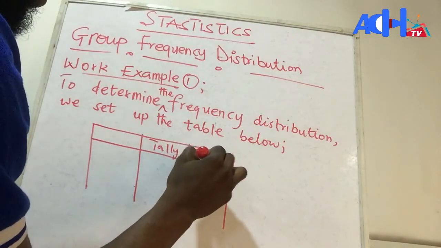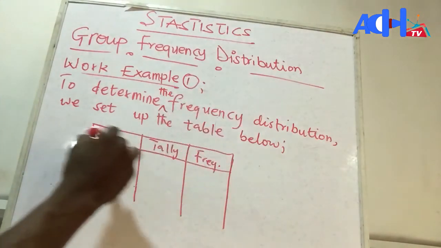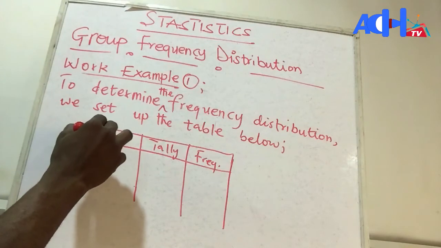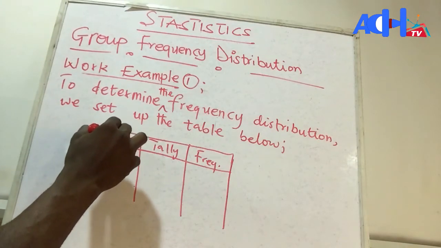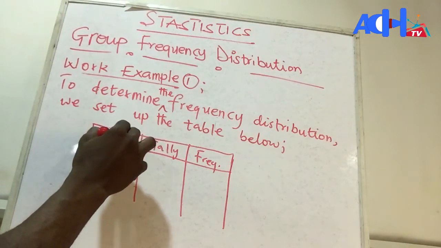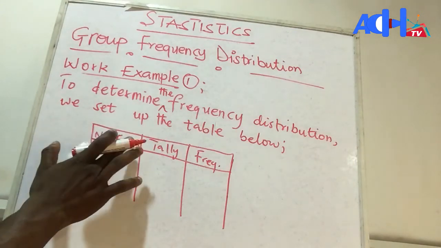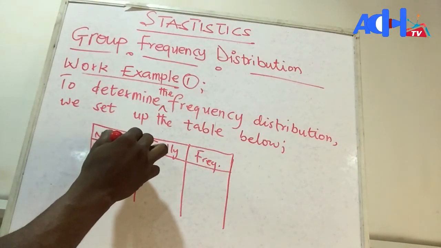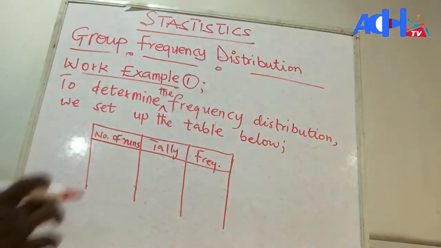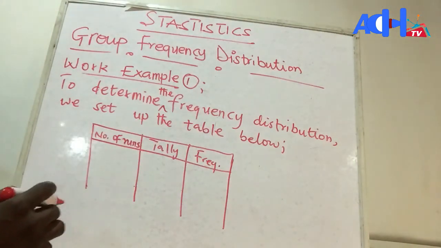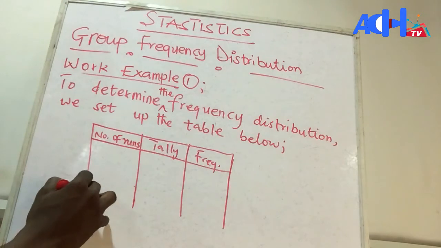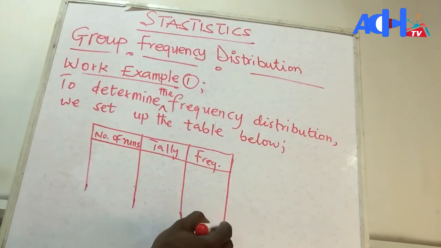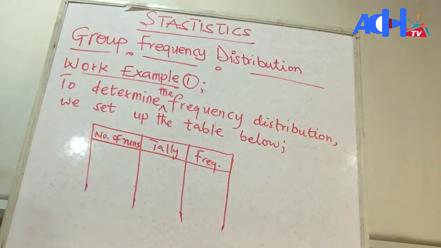This is our frequency. This is the number of runs. Since it's going to be an interval, this is how our table will look.